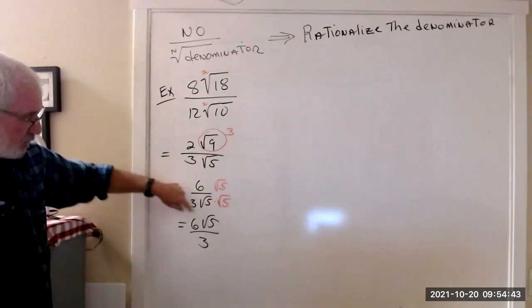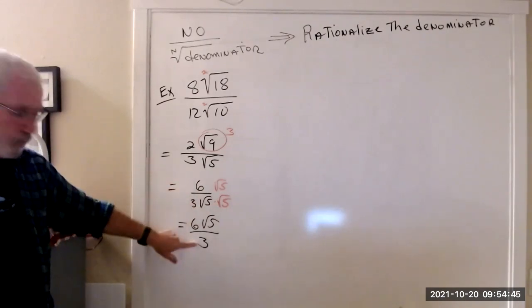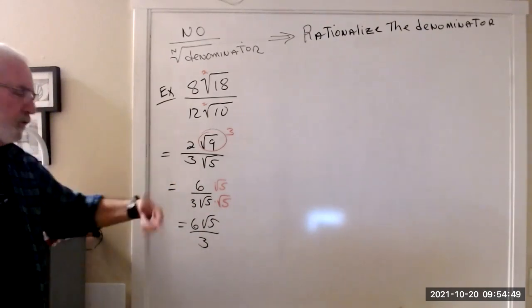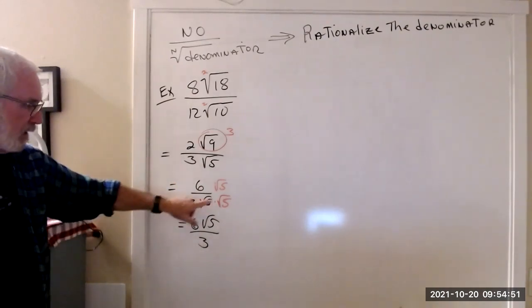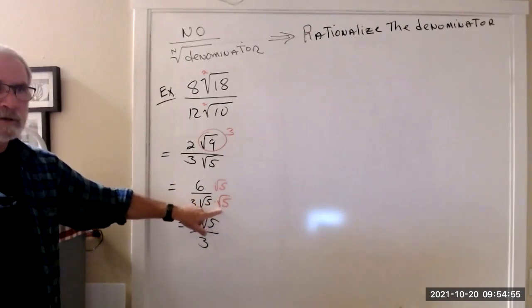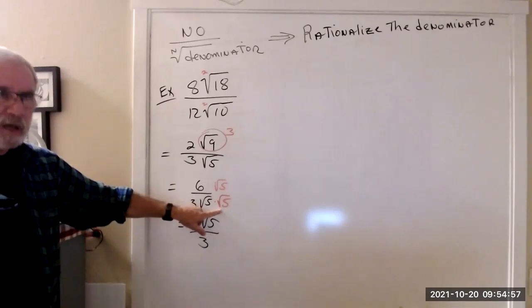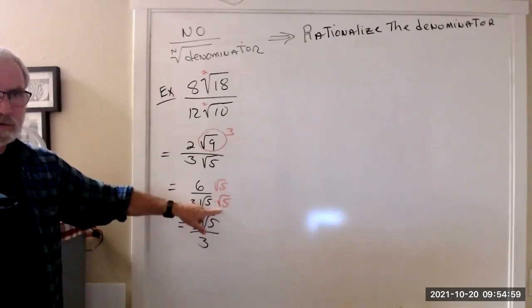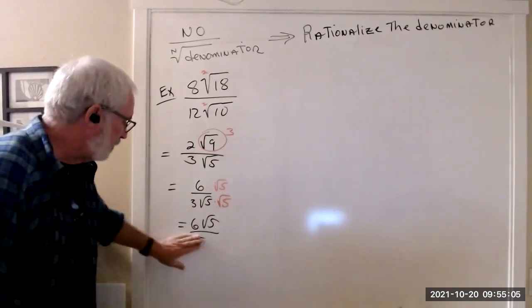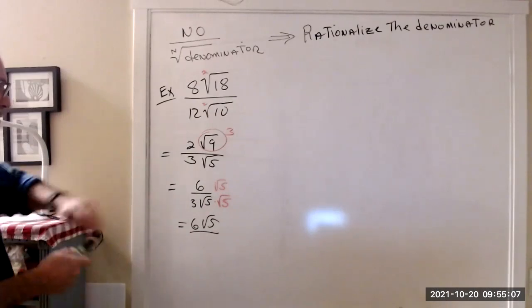And they say I have 6 radical 5 on top and 3 on bottom. And there's this belief somehow that the radical 5 times the radical 5 cancel out. No, they don't. They do not cancel out. And I don't know where that comes from. I have no idea, but I've seen it over the years. A lot of people do that.